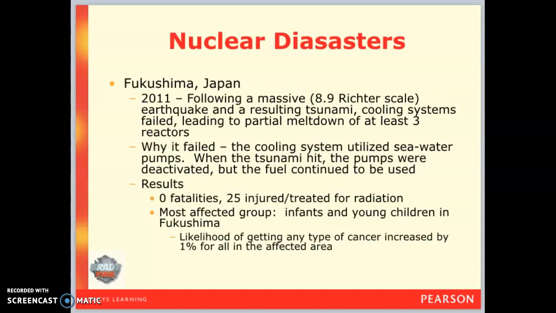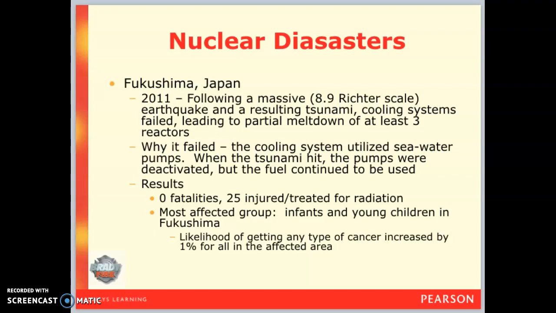More recent example, going back to 2011, the Fukushima disaster in Japan. Following an earthquake and a tsunami, the cooling systems fail in one of the reactors, and we get a partial meltdown in at least 3 of the reactors. Now, why it failed was the cooling system utilized seawater pumps. So they were pumping in seawater from the ocean to help to cool their reactors. And when the tsunami hit, those pumps were deactivated, but they were deactivated without first shutting down the nuclear reactors.